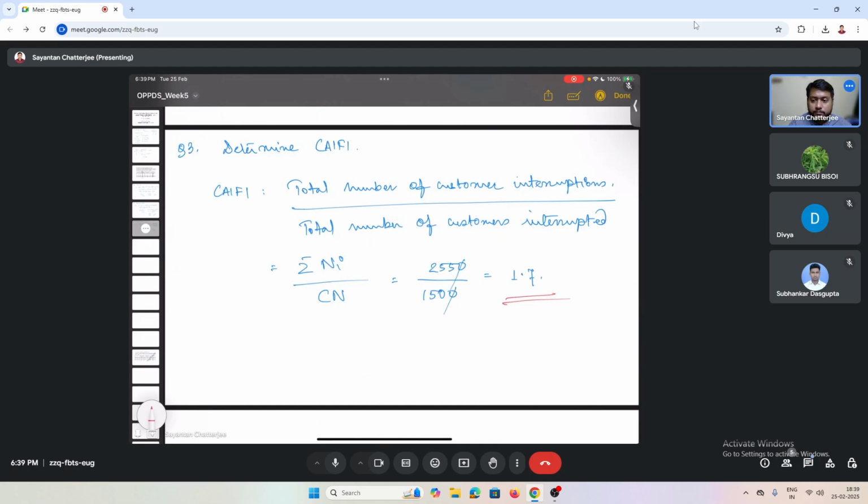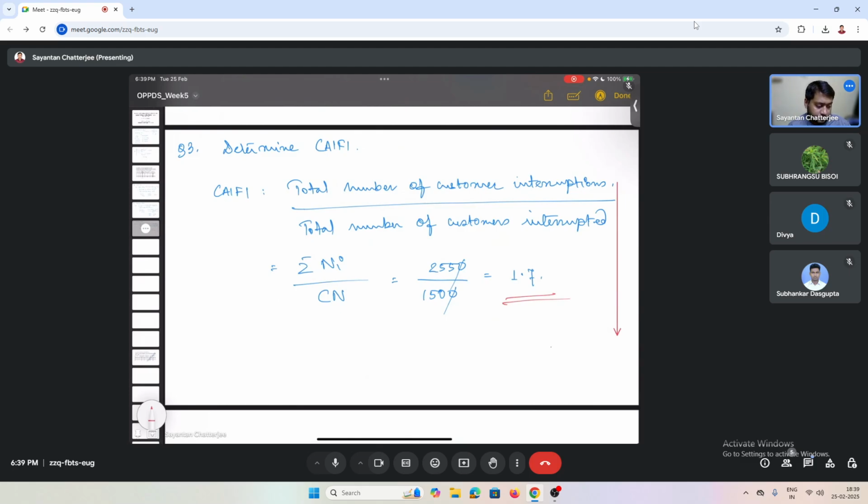Any queries you have? So the difference here is that in the numerator, total number of customer interruptions means there may be multiple interruptions to one consumer.